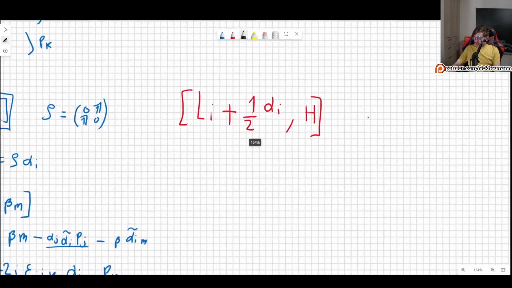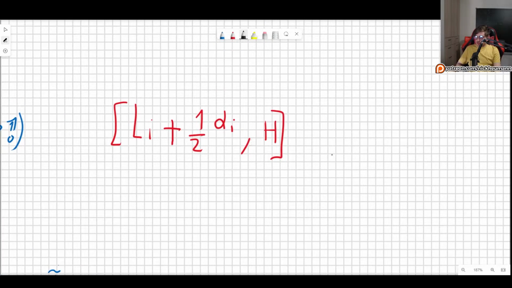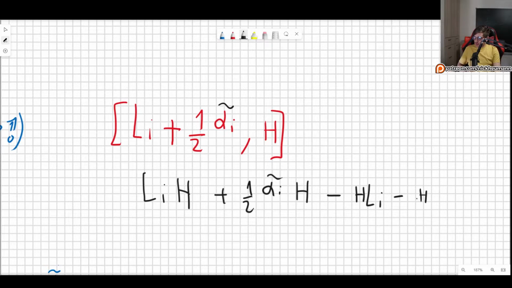So doing this, you could use properties of the commutators to just split this commutator into two. But if you don't know that, you just multiply through: L I H plus 1/2, this is tilde by the way, alpha I tilde times the Hamiltonian, minus H L I, minus H 1/2 alpha I tilde.